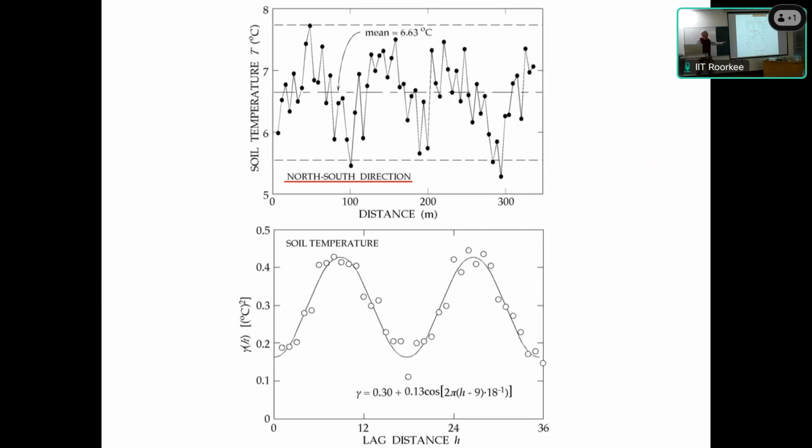Here, semi-variograms for our soil temperature data. Increasing and then reflecting the cyclic behavior of the original data. It will come down again and then again increase and come down. And this semi-variogram model cannot be described with a spherical, Gaussian, exponential, linear or power model.